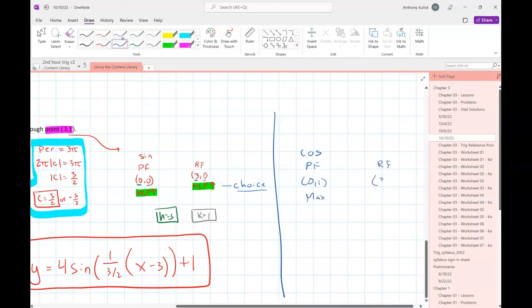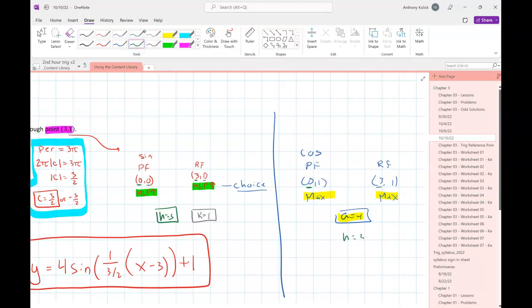So if I make my resultant function then a maximum, again, because it's going max to max, that tells me that the a needs to be 4. Because the x-coordinate is 0 in the parent function, the x-coordinate from the resultant function must be my h.